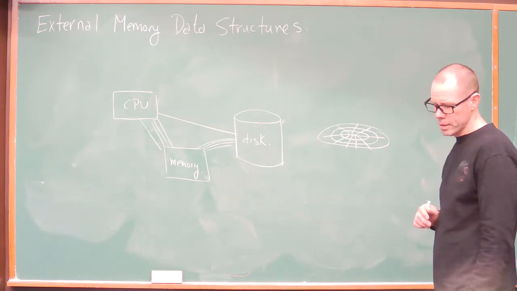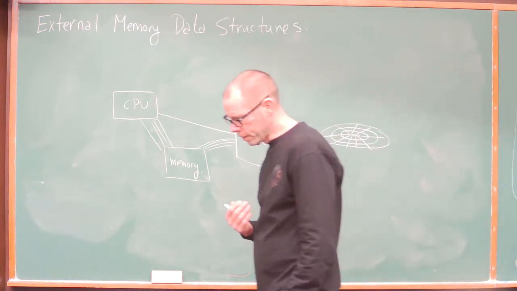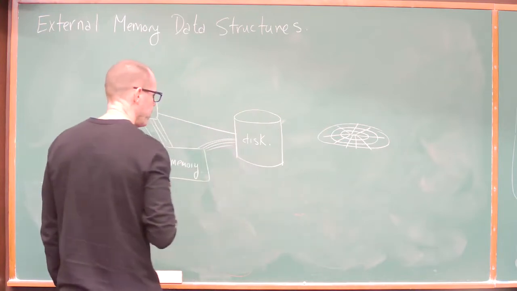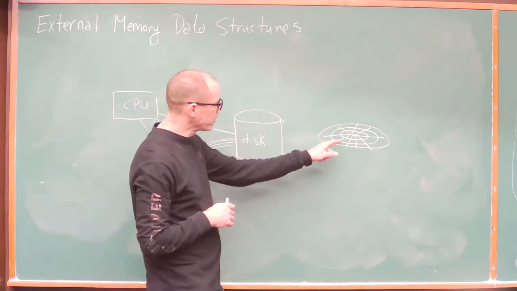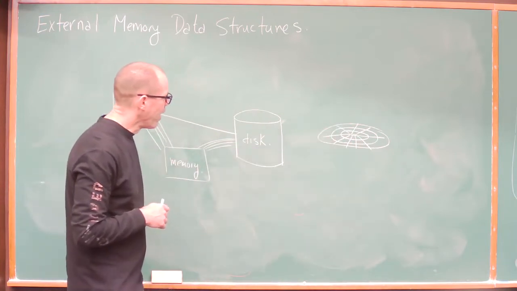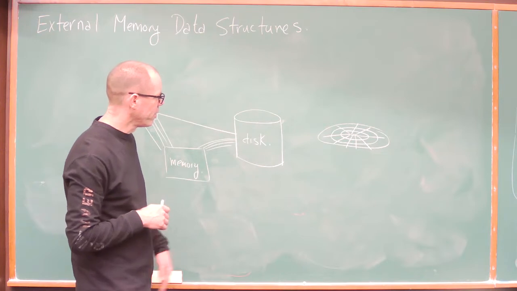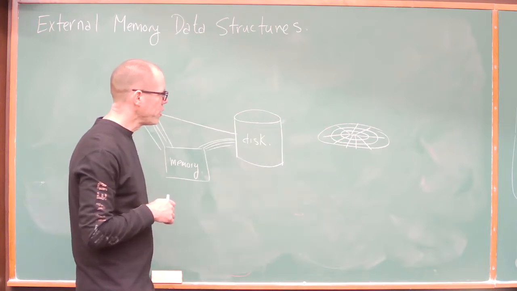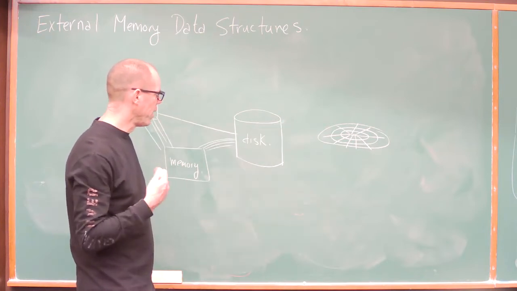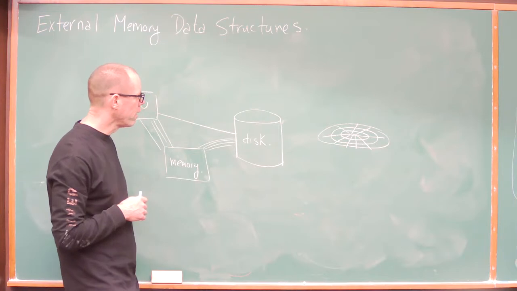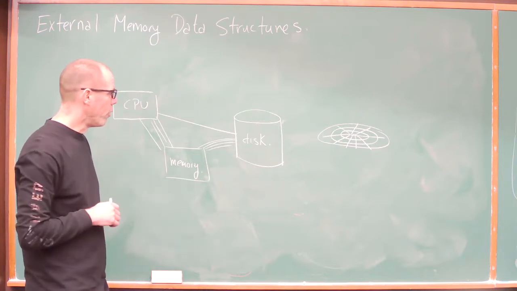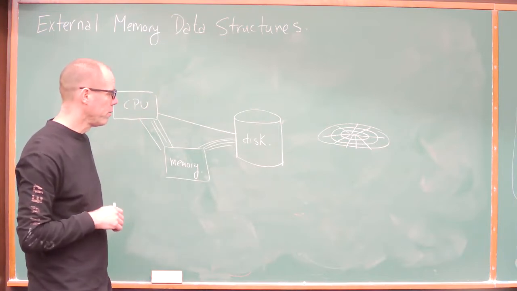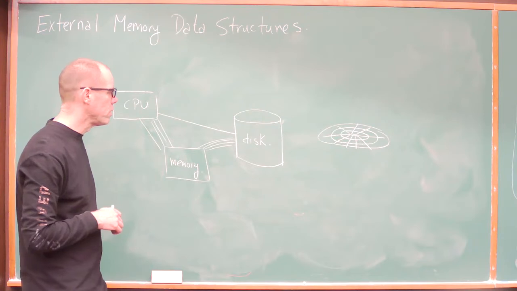But to make up for this, on the positive side, we imagine a disk looking like this. This can either be a spinning disk, a pile of rust that's spinning around with something reading off it, or it can be a solid state disk. Both of these do this.